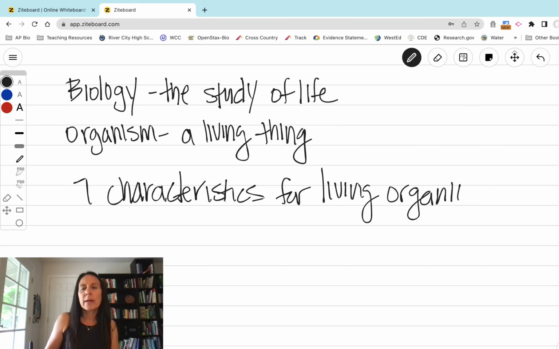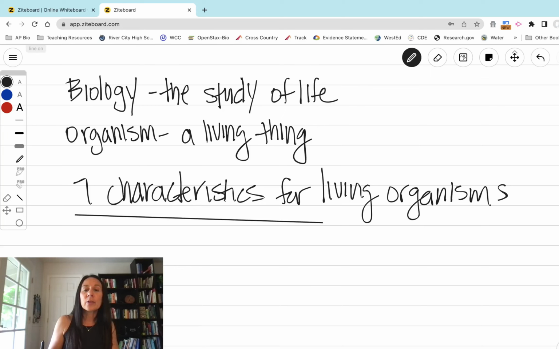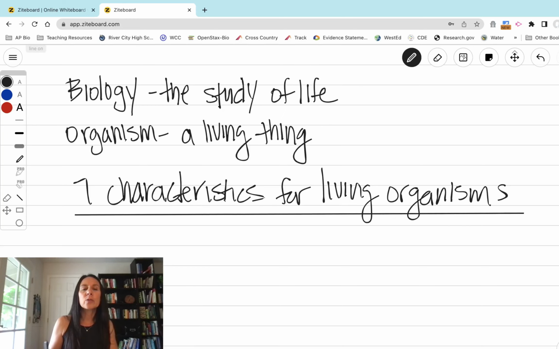Based on these, you can look at something and decide, does it have these 7 qualities? If it does, then you can say it's alive. If it doesn't, then you can say it's probably not alive. We're going to go over some things to see whether they are living or not living, but first let's go over the list.